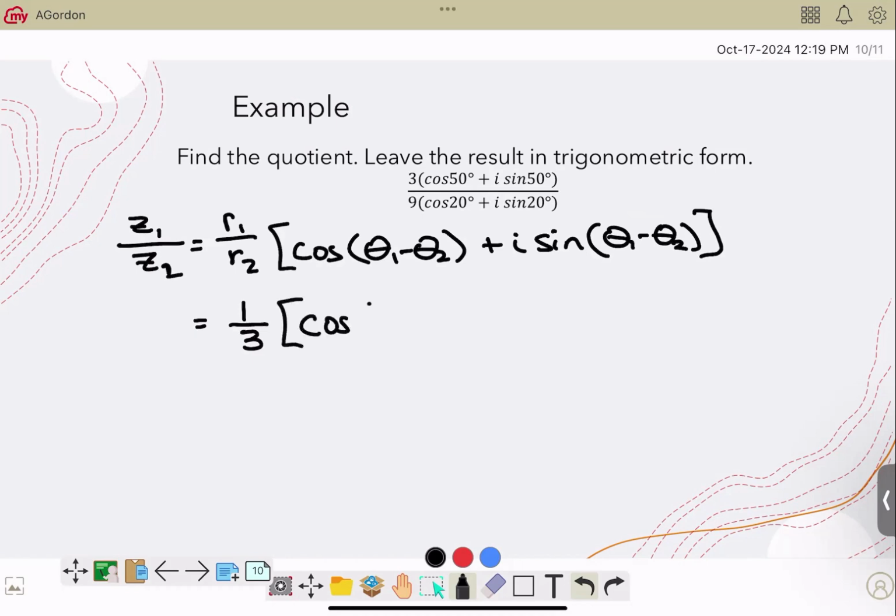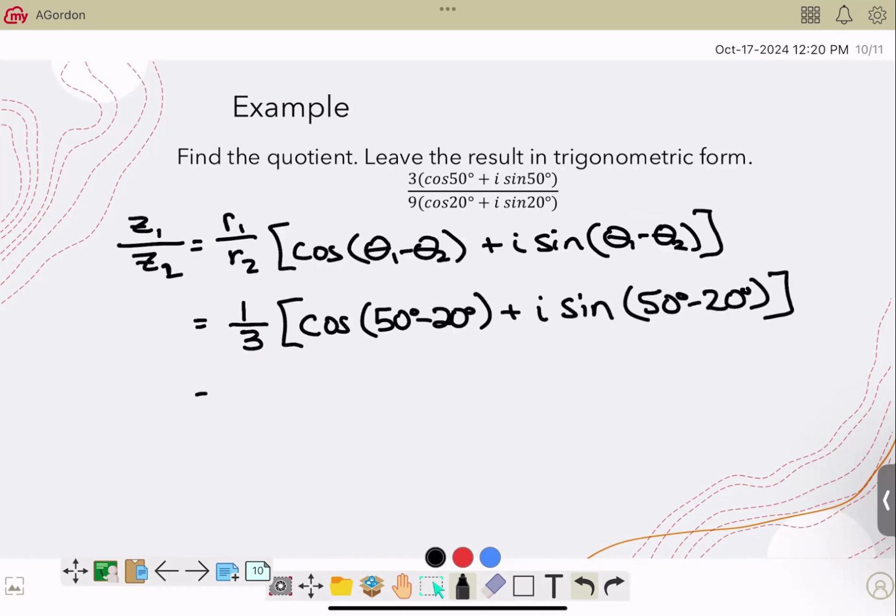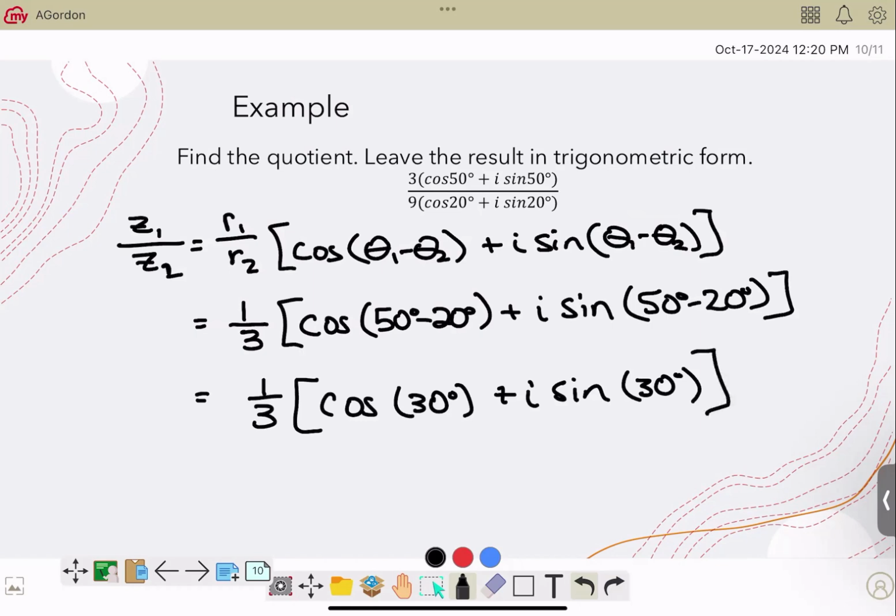And then the two angles that we have are 50 degrees and 20 degrees. Simplifying that, I've got 1/3 times cosine of 30 degrees plus i times sine of 30 degrees. And this is in trigonometric form, so we're going to leave it just like that.